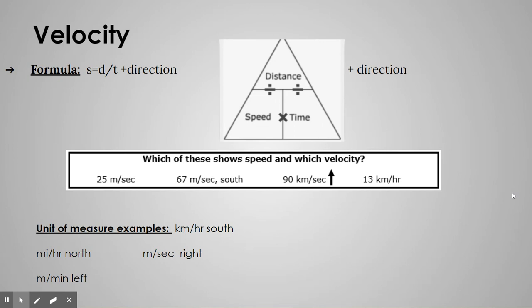Okay, so I'm going to circle the ones that show velocity, right? 67 meters per second south, because it gives a direction, it's a velocity. 90 kilometers per second up, okay, because it gives that direction, even though it's just an arrow or a vector, that's the velocity. The other two examples are examples of speed. They don't tell us the direction. Okay, and the unit of measure, I've given you some examples. It'll look just like the units of measure for speed, except it will include some sort of direction or arrow vector with it.